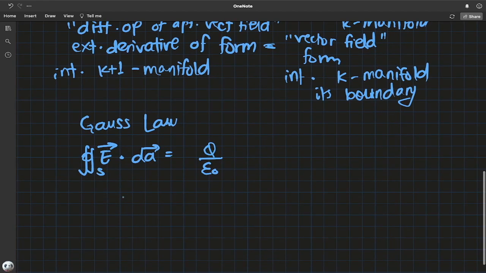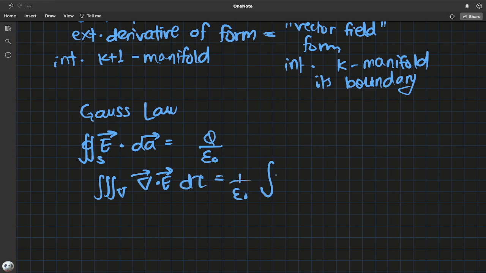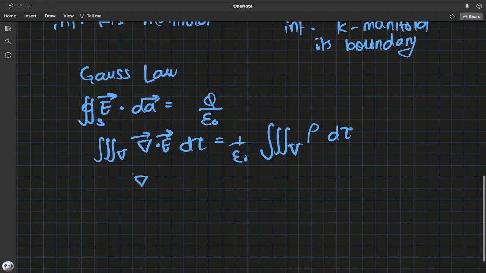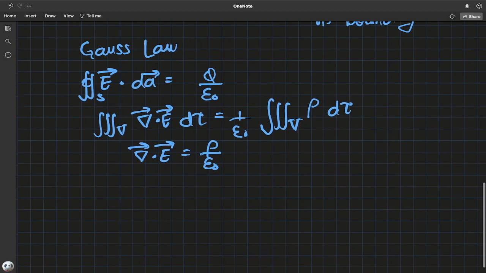We can change this by using Gauss's theorem to be equal to a triple volume integral of the divergence of E d tau. You can represent charge as the volume integral of the charge density function. Since the volume is arbitrary, you can set the divergence of E equal to charge density over epsilon naught, and this is the differential form of Gauss's law.